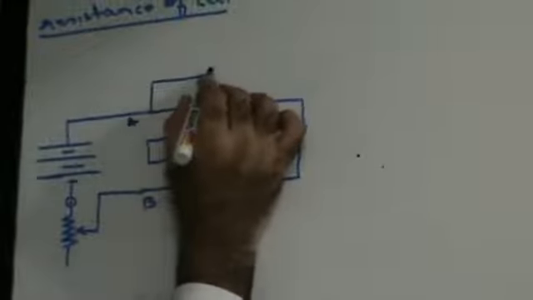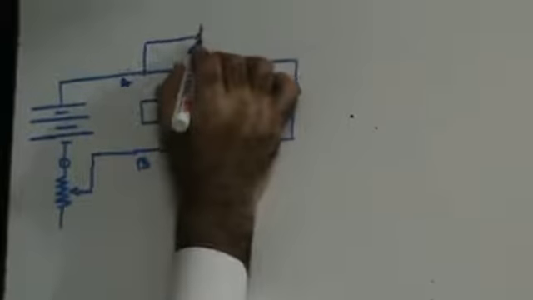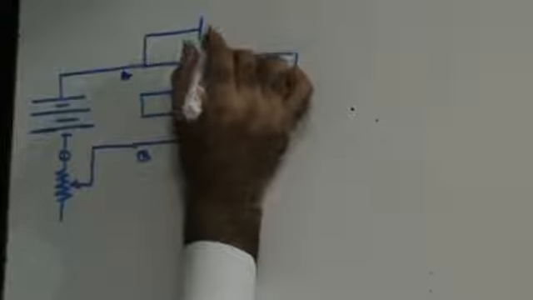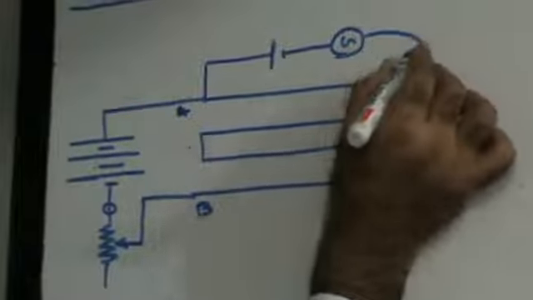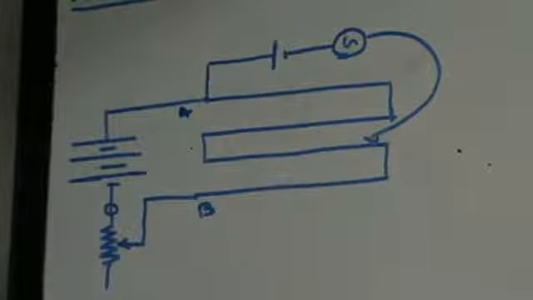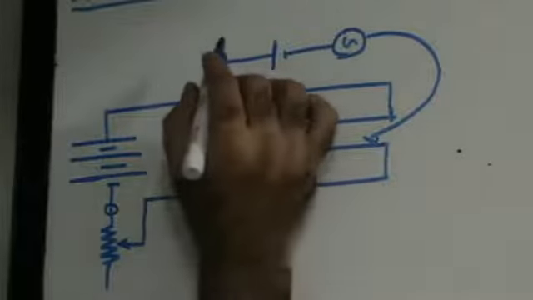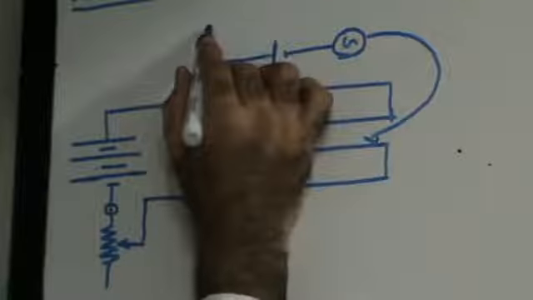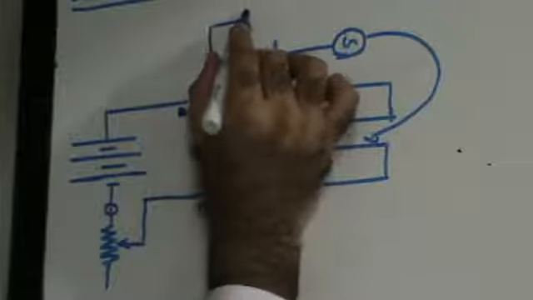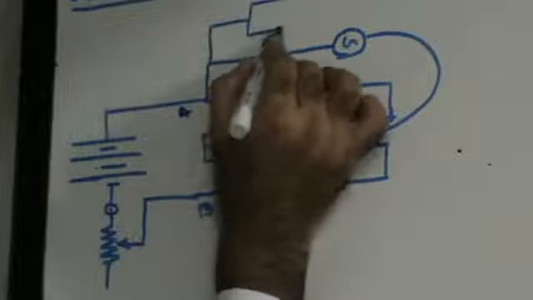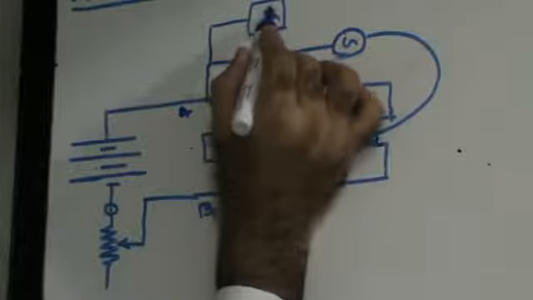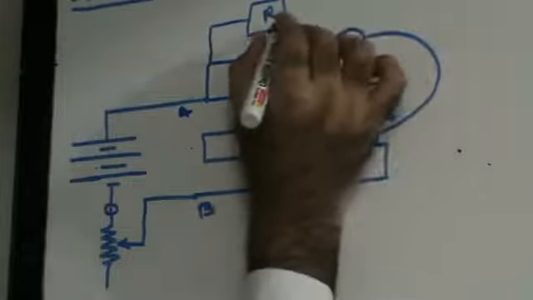Now, you will connect a battery to the positive terminal, the other end of which, the negative terminal, is connected to a jockey through a galvanometer. Let's connect a resistance box and a key here.